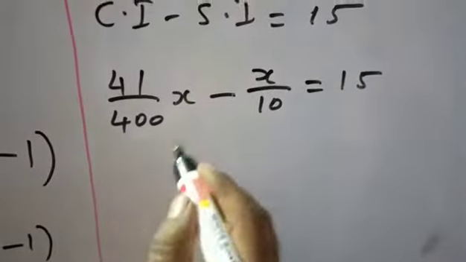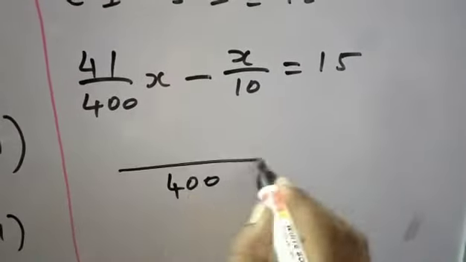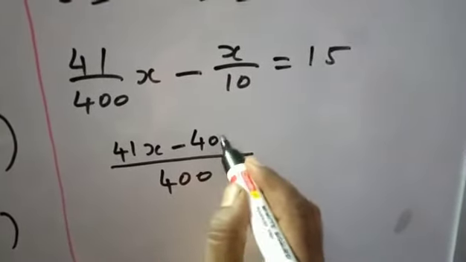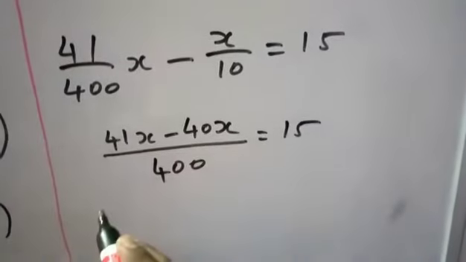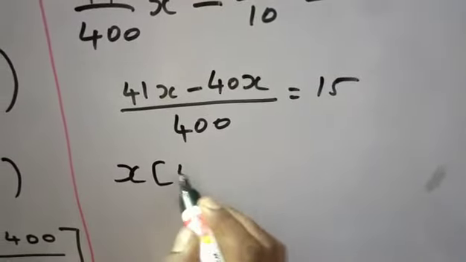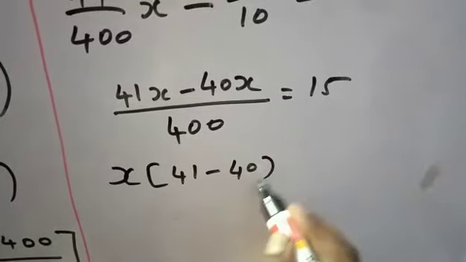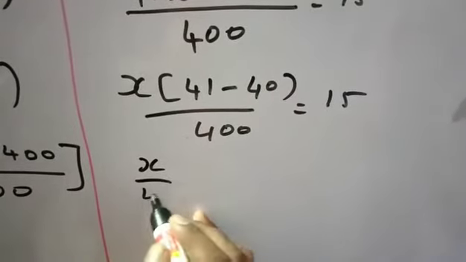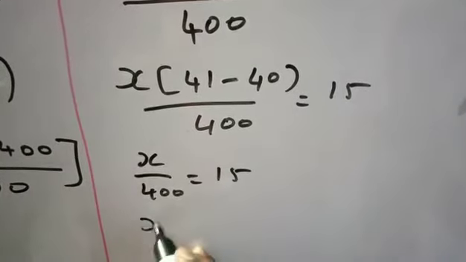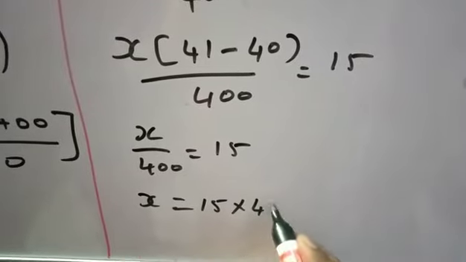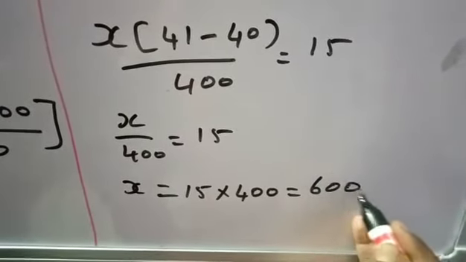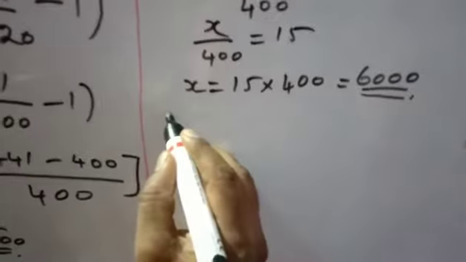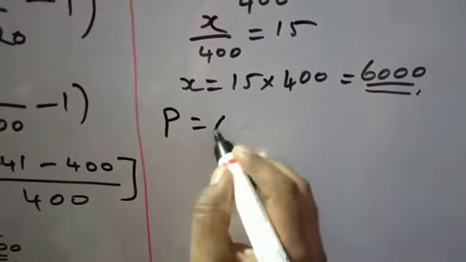Here also we can take LCM 400: 41x minus 40x equal to 15. x into (41 minus 40) by 400 equal to 15. So x by 400 equal to 15, x equals 15 into 400 equals 6000. x equals P, so the sum is 6000.